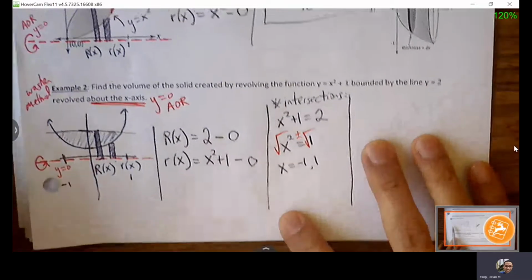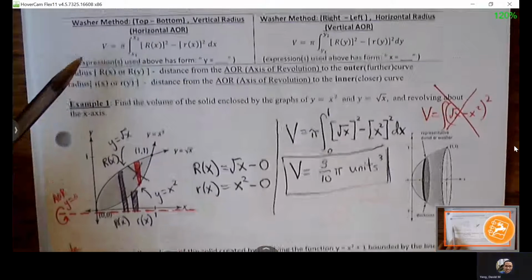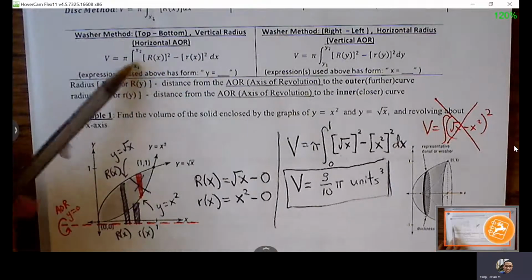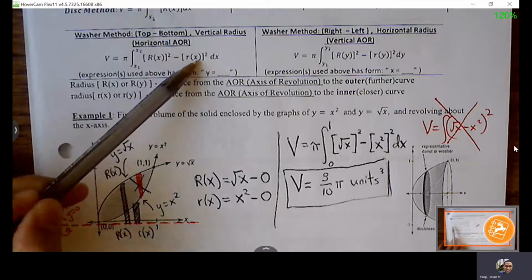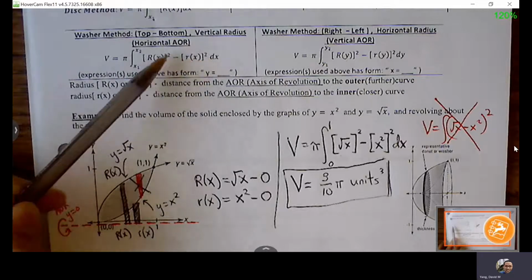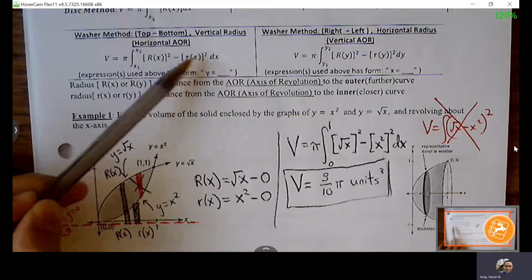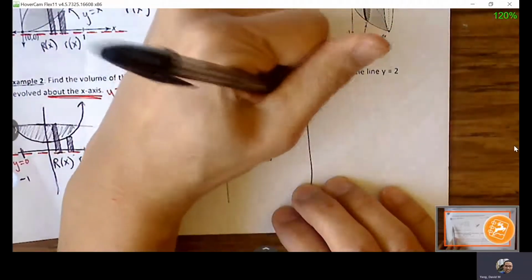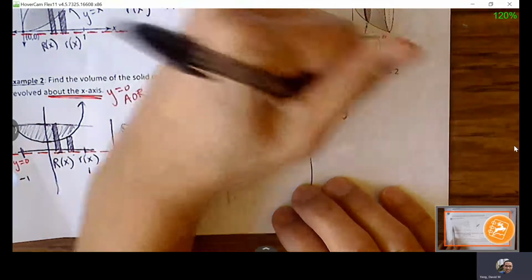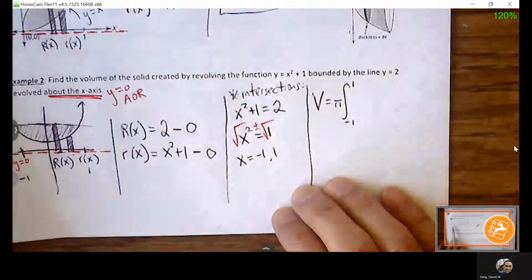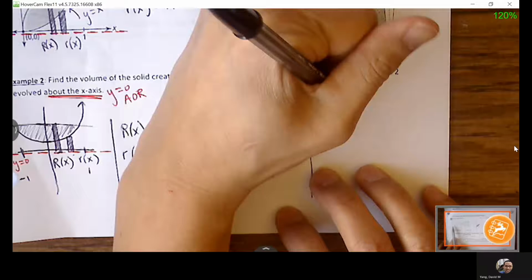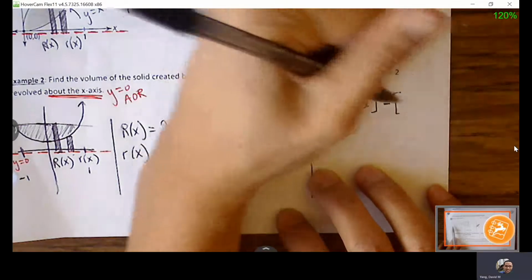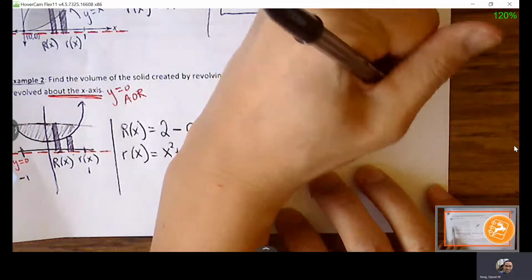Okay, I think we're ready for our washer method, top minus bottom formula. So we start inserting information in, right? We have our bounds, we have our big radius, we have our little radius. And again, we'll make sure that we square them separately, okay? Big radius squared minus little radius squared.